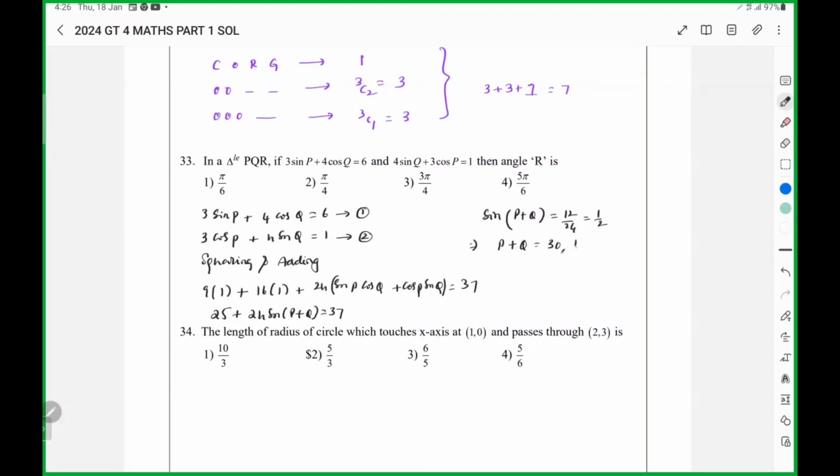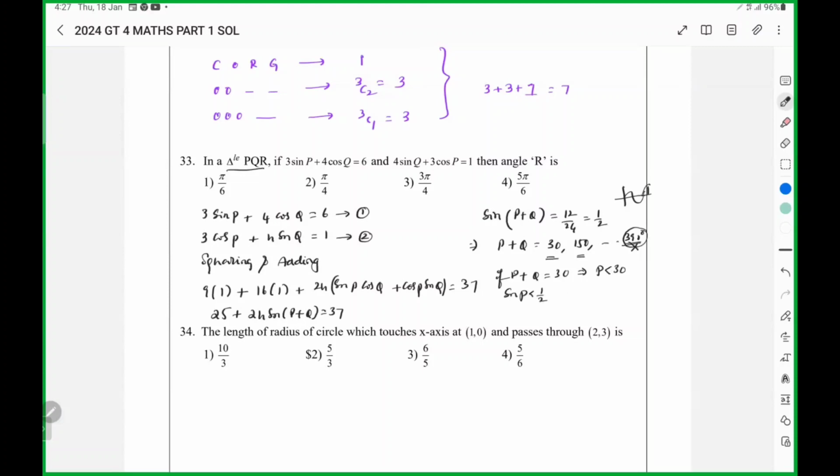either 30 or 150, still more, but it's a triangle. I can't take more than 180. So the next angle will be, obviously, you will have the sine graph, sine 360 plus 30. The sum of two angles cannot be 390. Two possibilities are there. If P plus Q happens to be 30, P will be less than 30.